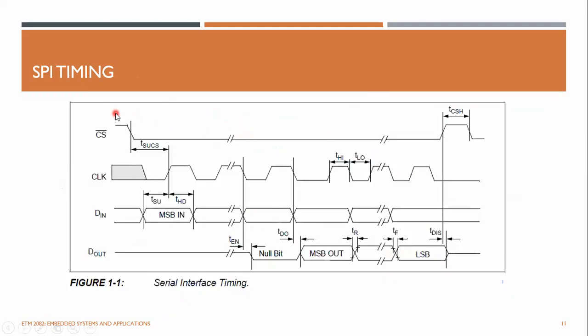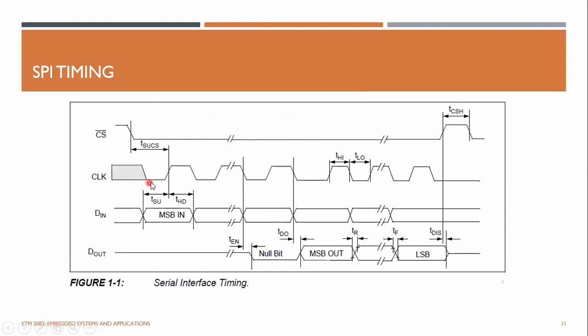Now this is the SPI timing of this device. Initially the chip select is at logic high. You have to pull this line low to initiate the data transfer, and the clock could be either logic low or logic high depending upon the SPI mode.